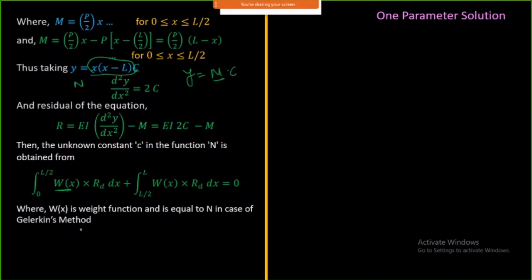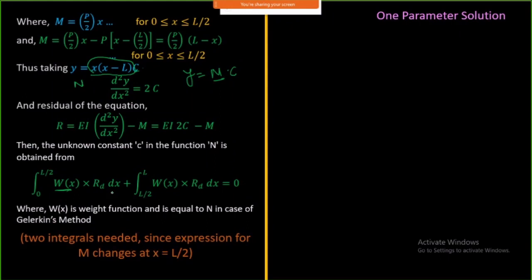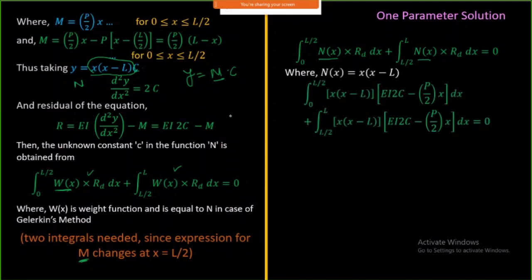In the Galerkin method I need these two integrals, one for the first part of the beam and the second for the second part, because the moment changes at L by 2. So I will substitute N for both cases separately.